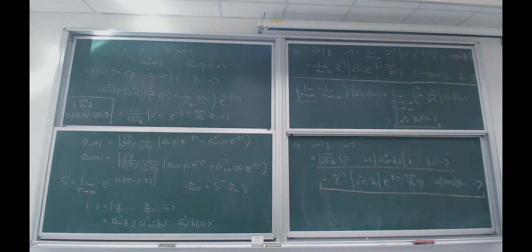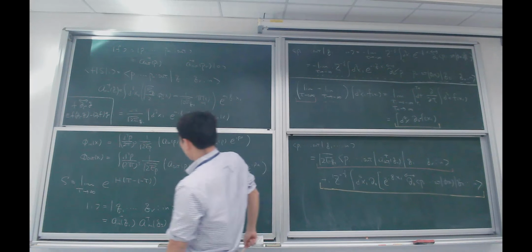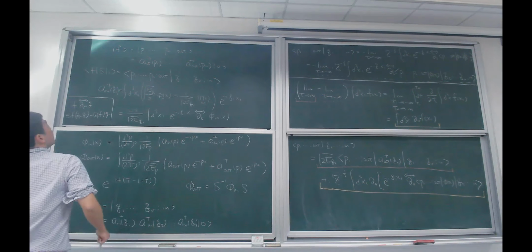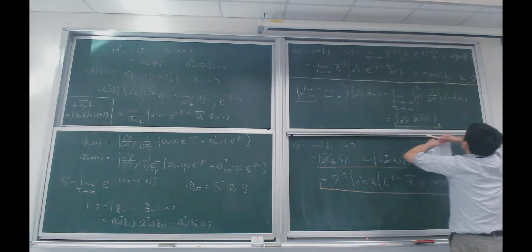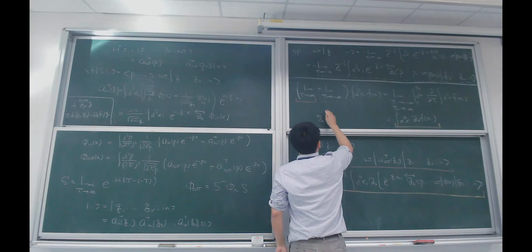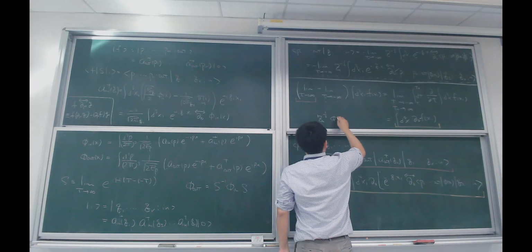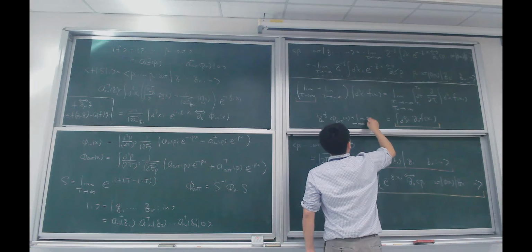So as you recall, if you go to t goes to infinity, did I write it somewhere? Yeah. So t goes to infinity of phi of x is indeed z inverse 1/2 phi out. Sorry, phi out of x is essentially limit t goes to infinity of phi of x.